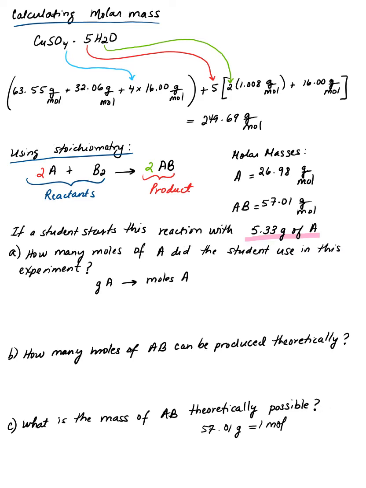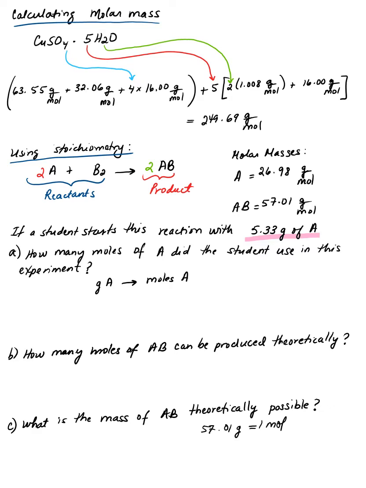Now I have a generic reaction here. So you can see that the reactants are on the left side of the arrow, then the products on the right side. You have different numbers in your reaction. You have subscripts, which are specific for an element in a compound, and then you have coefficients, which are in front of a formula.